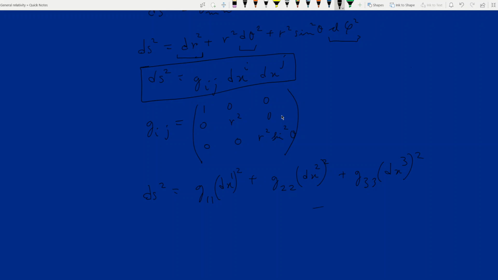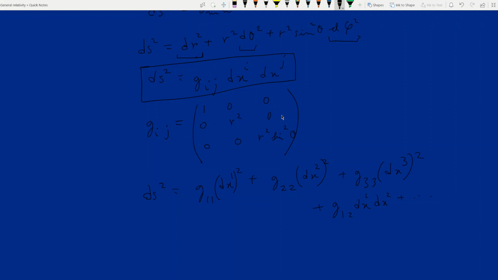And the rest of the terms, say we have g12 dx1 dx2, and then many more terms.